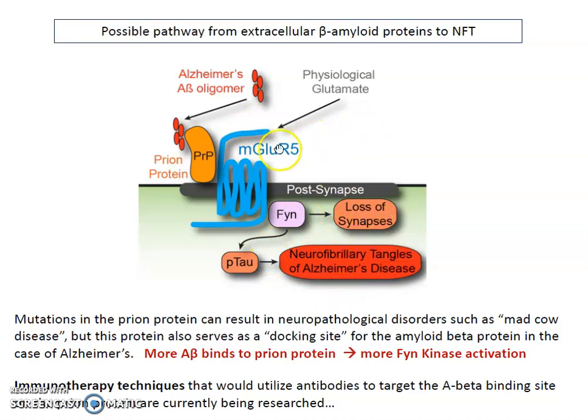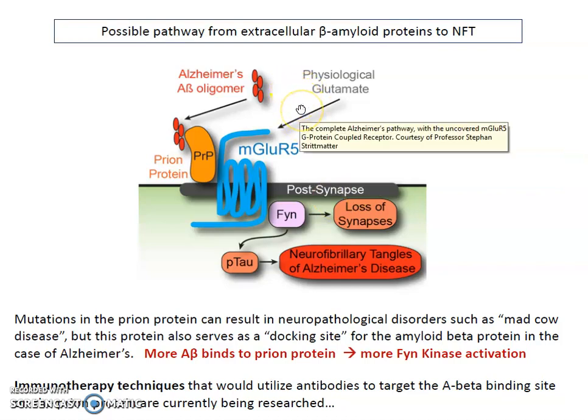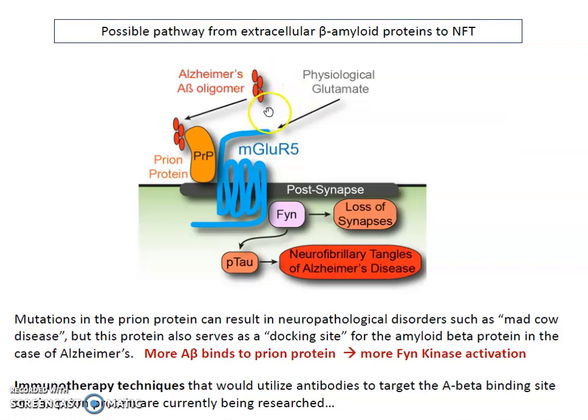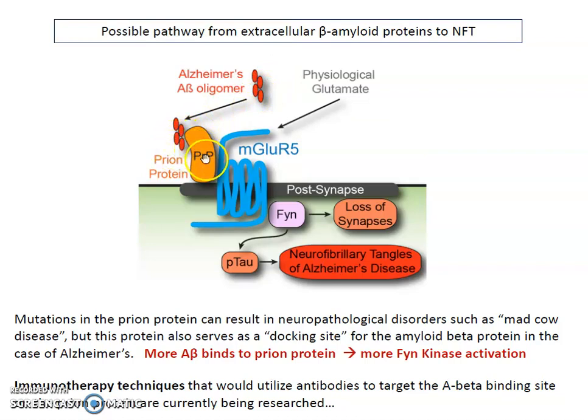So what happens in the normal case, this pathway is okay. But what happens in Alzheimer's disease? In Alzheimer's disease, it is characterized by the accumulation of A beta oligomer. Those A beta oligomers will fixate on the prion protein.